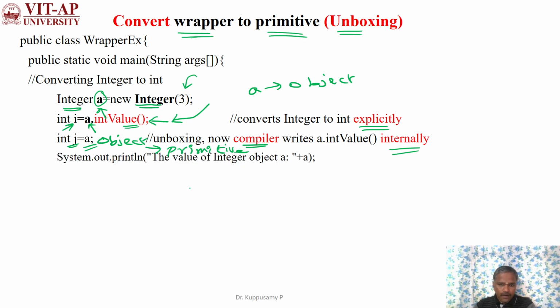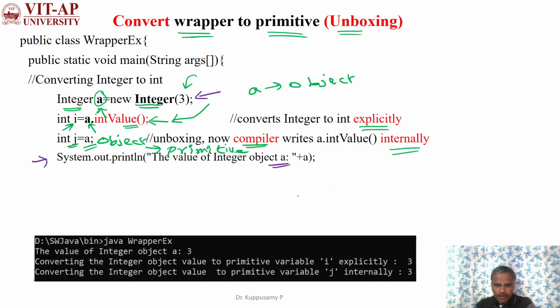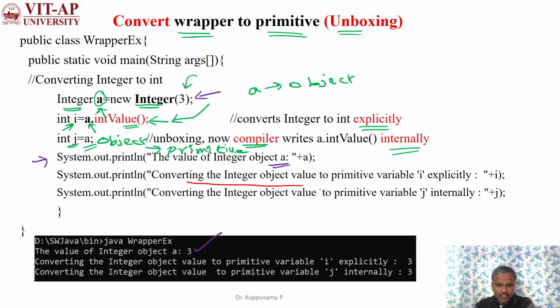And here we are printing those values. First I print the value stored in the object, which prints 3. Next I print the value converting the Integer object value to a primitive variable, using the manual code with the method. That is i, which stores the value, and you see that 3 is stored there too.